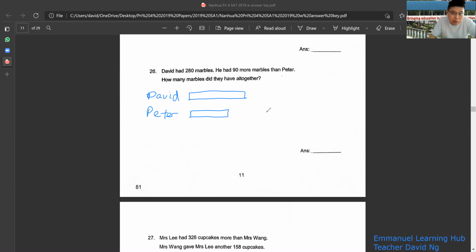Who has more? David or Peter? Peter. David, this amount of numbers, who does he refer to? David had 90 more than Peter. Yes.